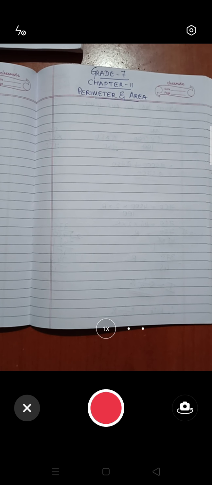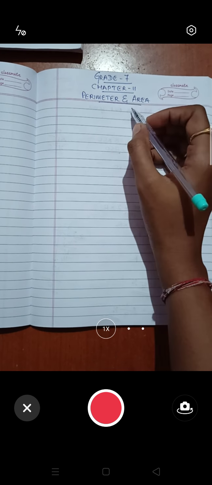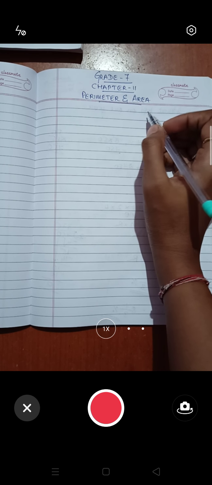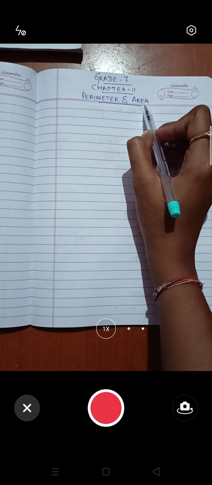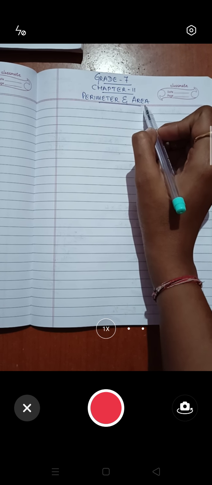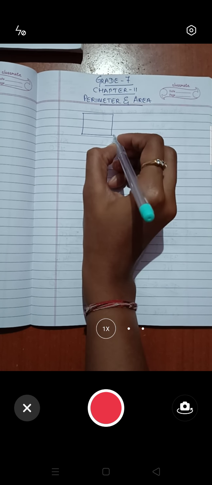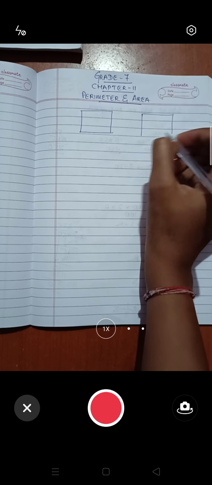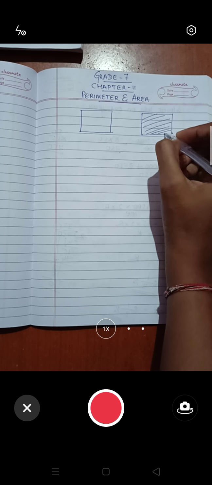Students, let's start a new chapter. Chapter number 11, Perimeter and Area. You have already learnt about these concepts in your grade 6. The perimeter is the measurement of the outer boundaries, whereas the area, we all know, is the inside part of any closed figure.